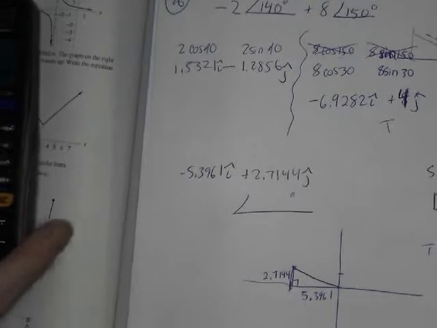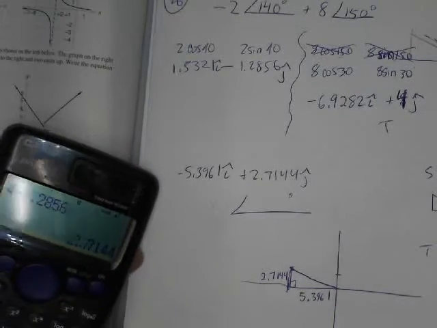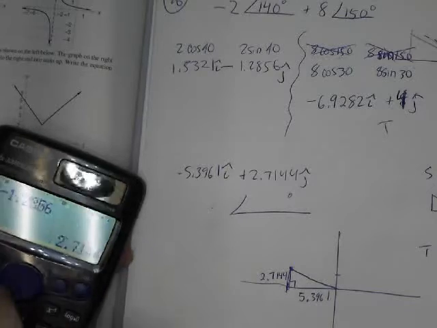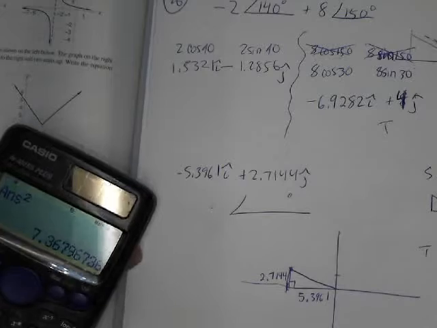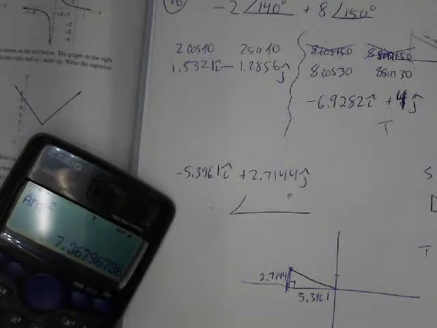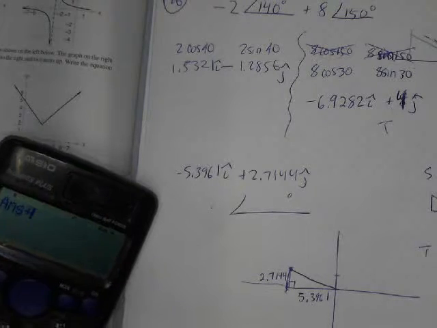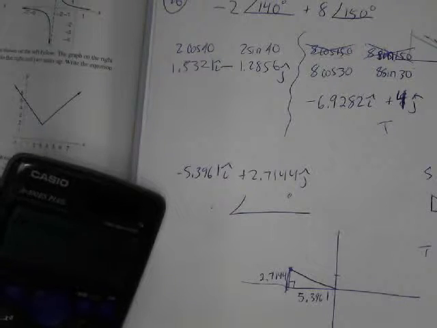The radius can be found by the Pythagorean theorem. I've already got the 2.7144 in my calculator, so I'm just going to push the square button. Plus 5.3961 squared.